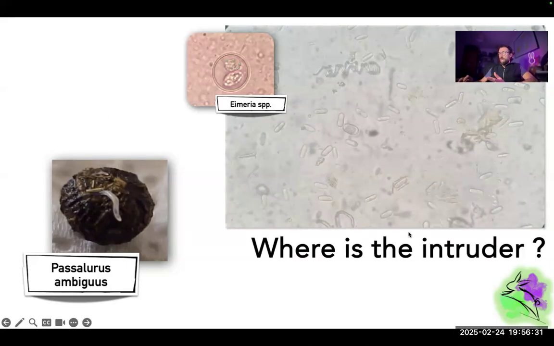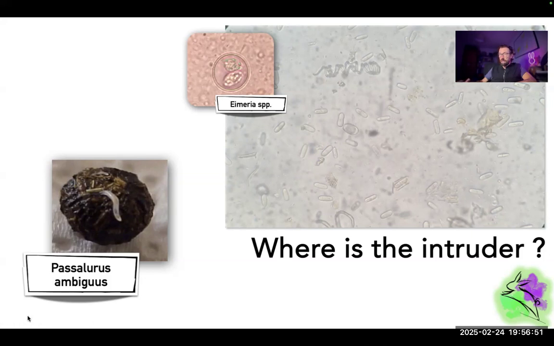In this picture, where is the intruder? As you can see, there is a lot of something that resembles parasites, all these oval structures, but the only parasite is the rounded one in the center.